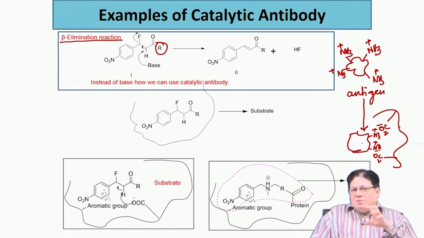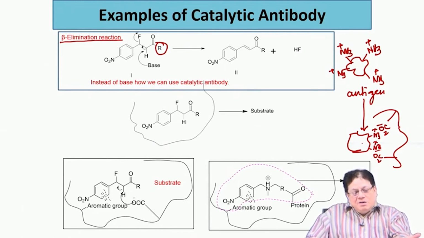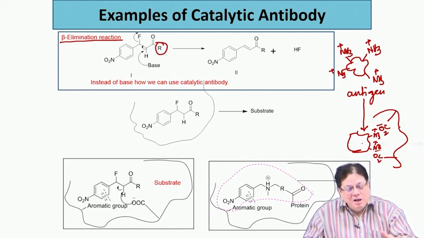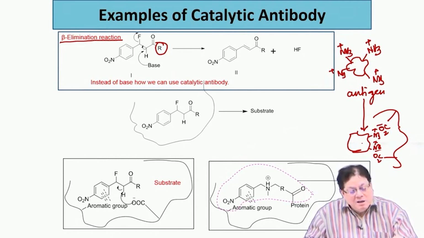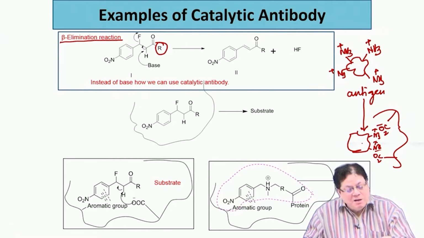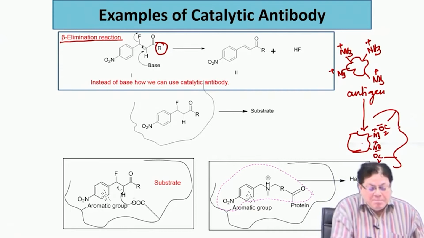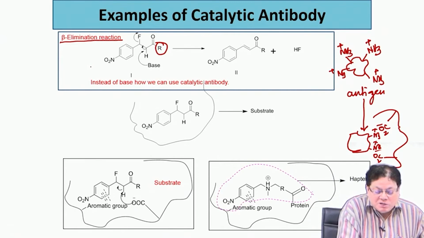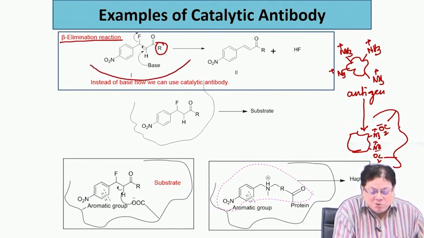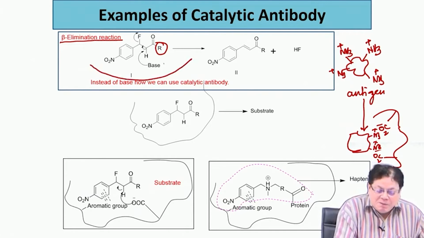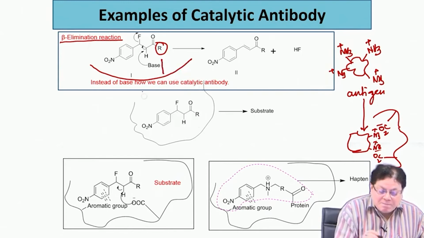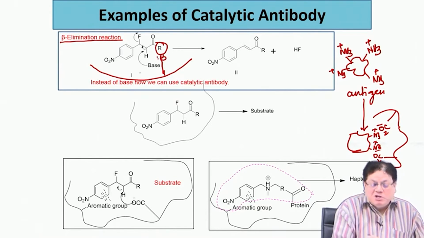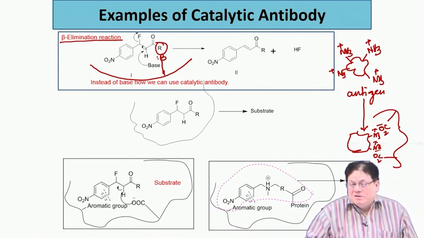Now, in this case, remember the antigen you are using is basically the reaction substrate here. What you want is to generate an antibody, which is a protein, that has a base at that position where the hydrogen is residing.